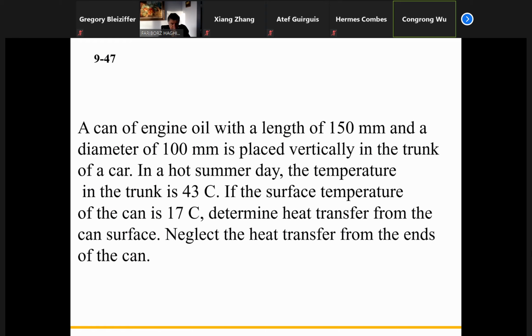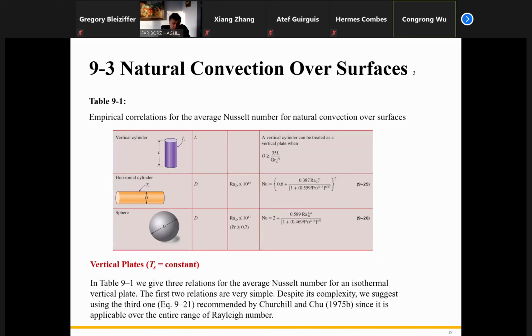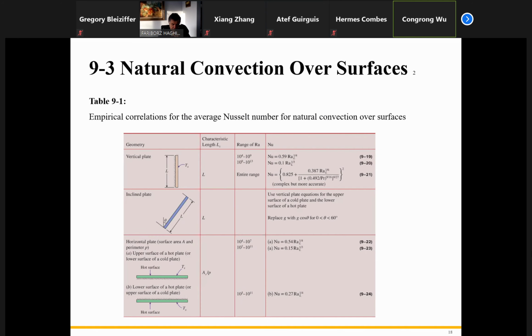For the vertical cylinder we talk about, could you go back to the formula for 1 second? Not this one, one before. Yeah, this one, on the right, is laminar, and the second one is for turbulent, right? That's correct, sir. What about the third one?